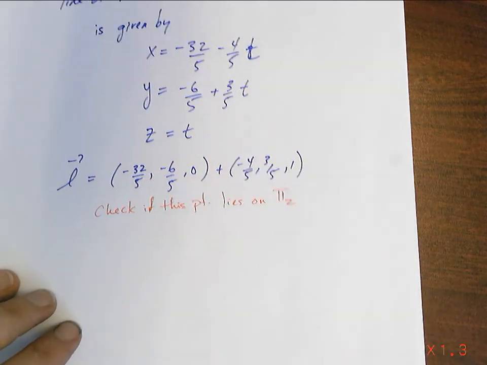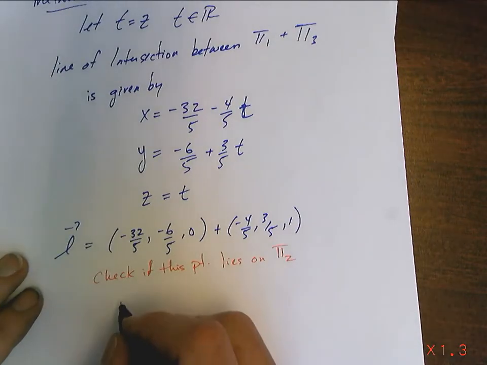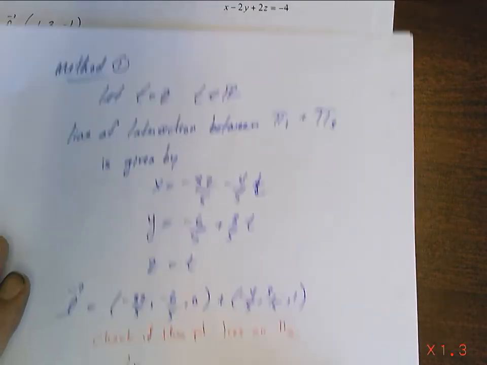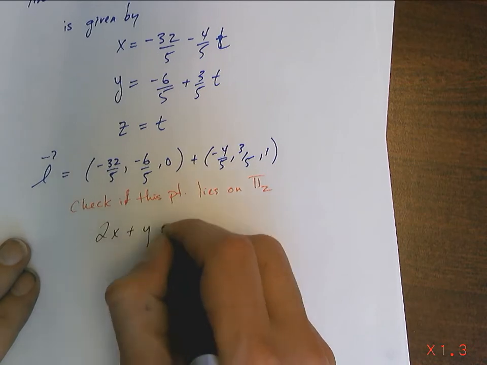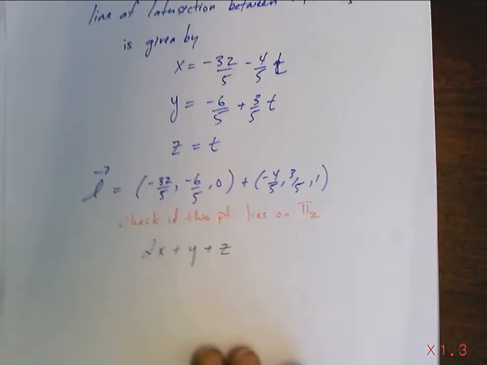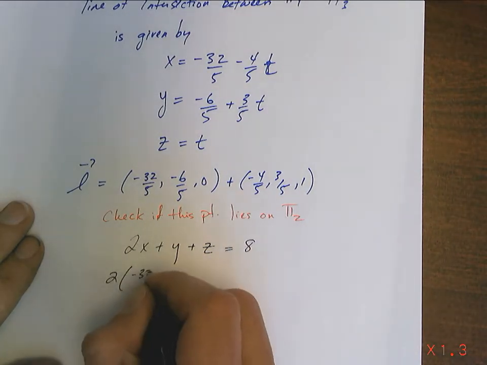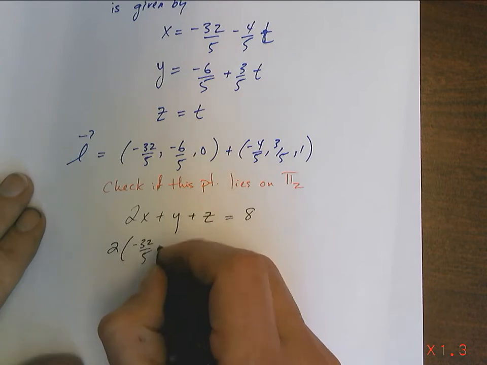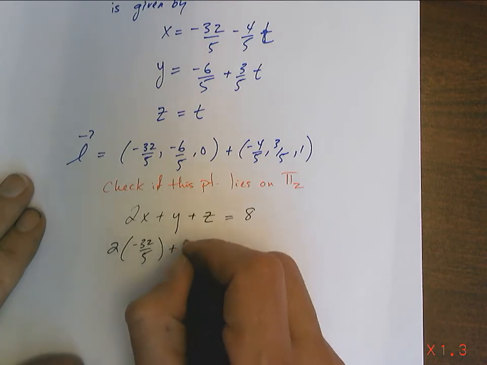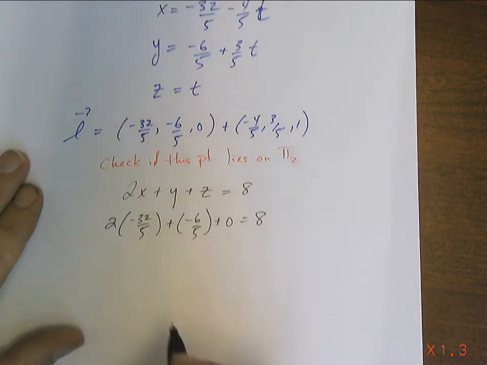Plane 2 is given by 2x plus y plus z equals 8. Is that the one? Yeah. So you get 2 times negative 32 over 5. Can you guys see? Yes, you can. Plus negative 6 over 5 plus 0 equals 8.